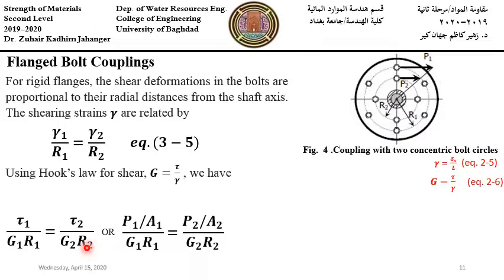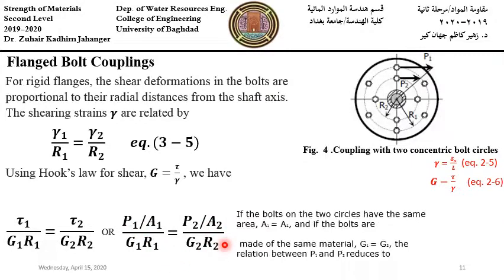Or replacing tau, which is force over area, we get this equation. But if the bolts on the two circles have the same area, same bolts, let us say bolts number 6, number 10, so the area of the bolts in each row is the same, area 1 equals area 2.